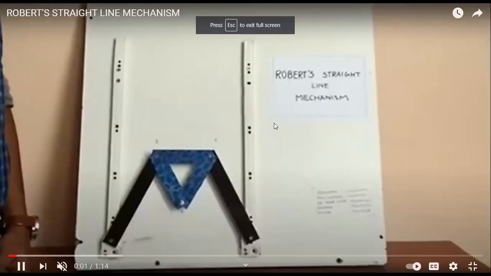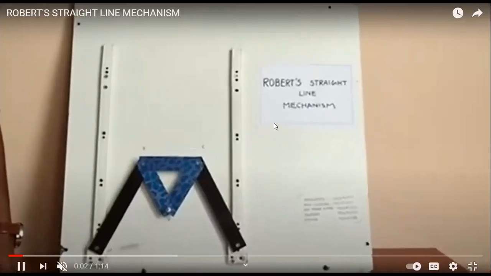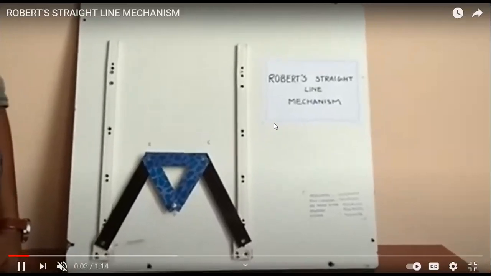So let's see another example, the working.